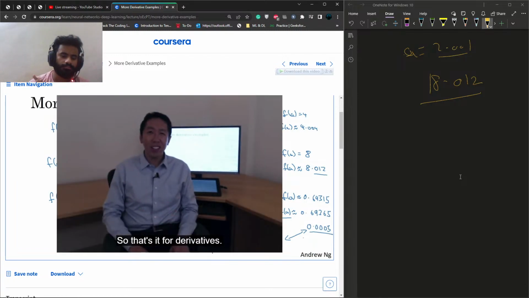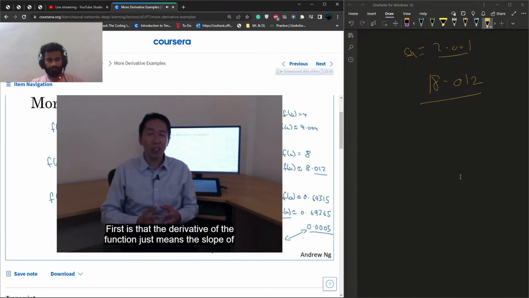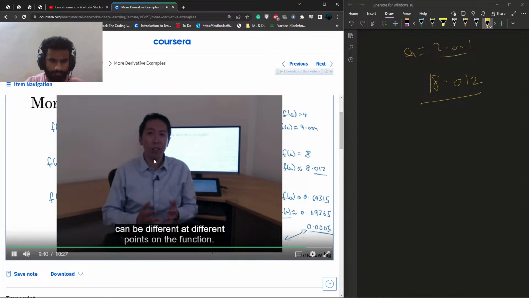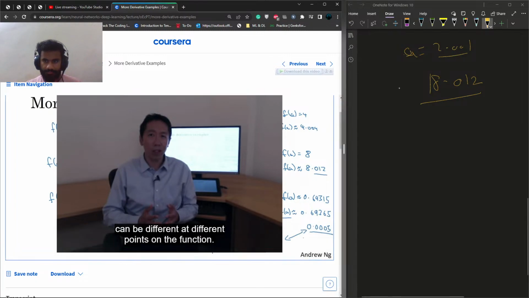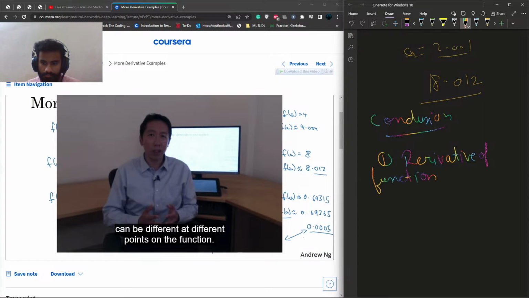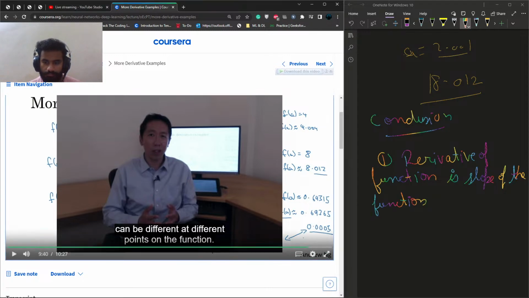So that's it for derivatives. There are just two take-home messages from this video. First is that the derivative of a function just means the slope of a function, and the slope of a function can be different at different points on the function.